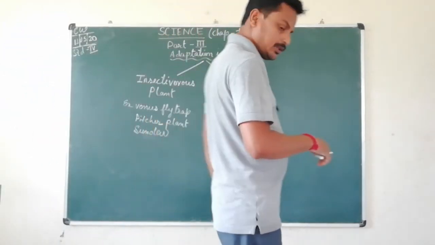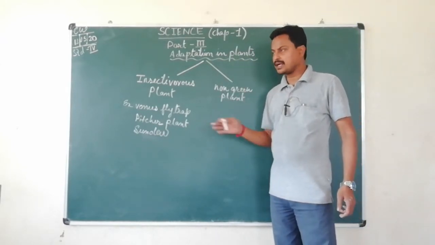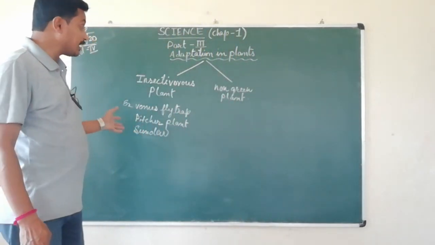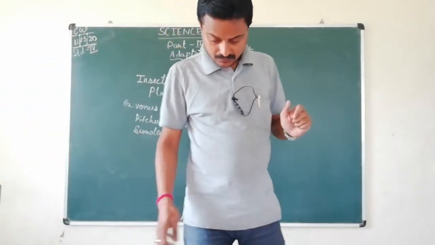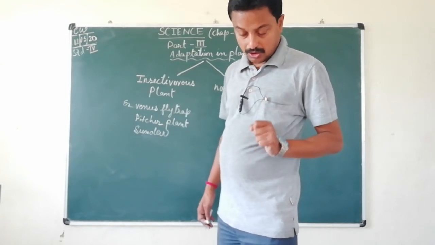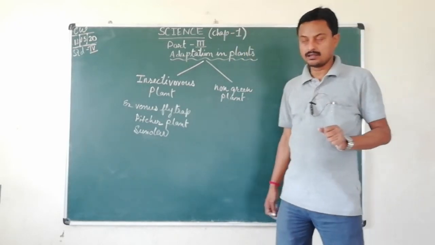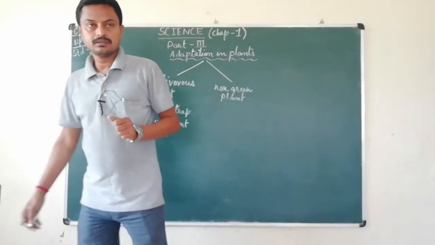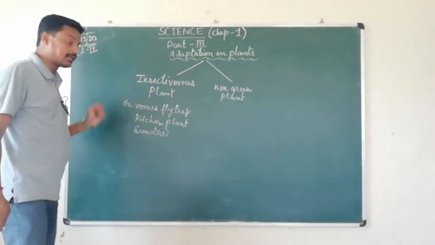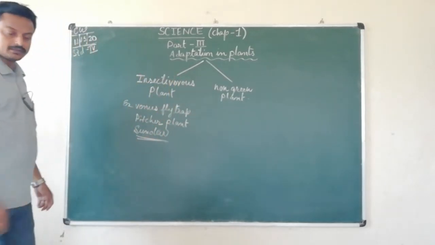Now, you may be surprised that we can't see these kinds of plants in our areas. Where can we generally find them? Mostly these plants are found in North America and Australia, but some of them we also find in India. In Meghalaya, at the foot of the Khasi Hills, we can find sundew plants.